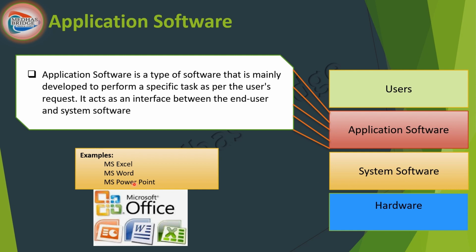For instance, Microsoft Excel, Microsoft Word, and Microsoft PowerPoint are application software which run on system software. In this context, the operating system is system software, Microsoft tools are the application software, and users like us are the people who use the application software.